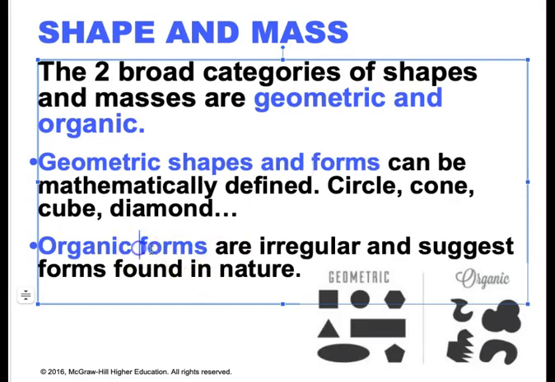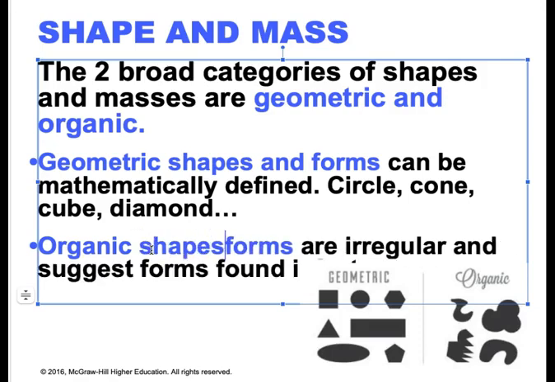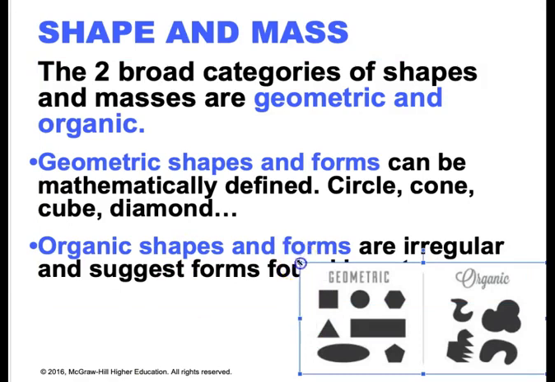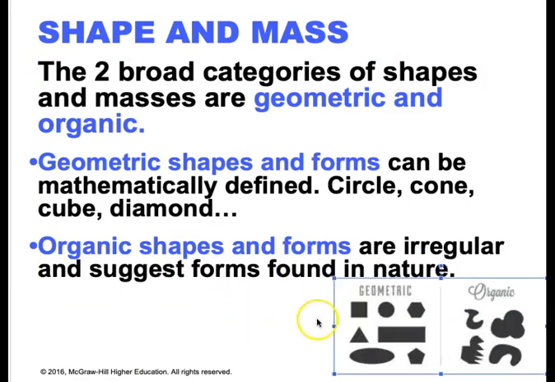And I'm going to do it here too, because when we're doing this, we're lumping these two elements together, shape and mass. So I'm going to say geometric and organic shapes and forms. So hopefully that makes sense.